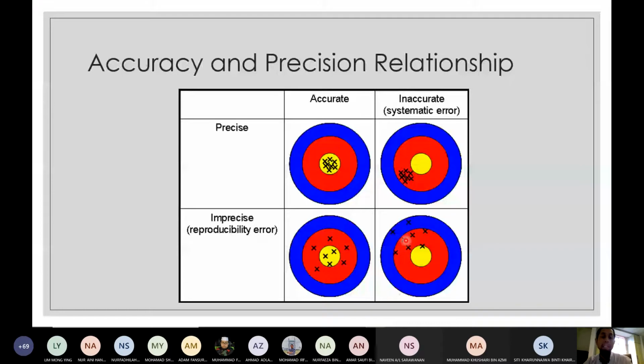Okay, so what is the importance of accuracy and precision? Now let me share with you one of the applications where accuracy and precision is very important.